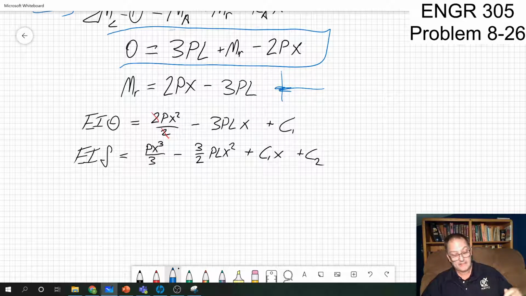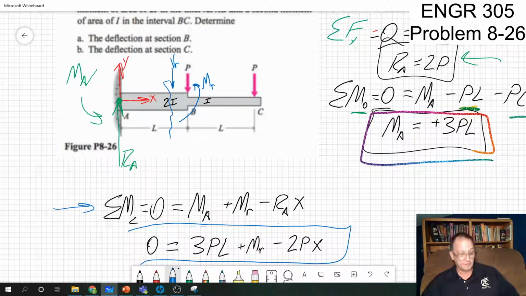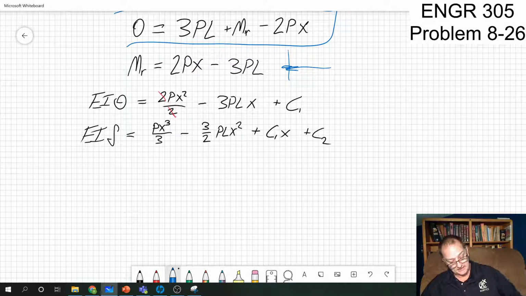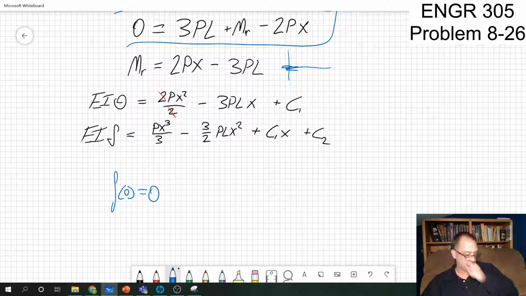What do we know? The beautiful thing about the cantilever beam is that delta at 0 is equal to 0. Excuse me.